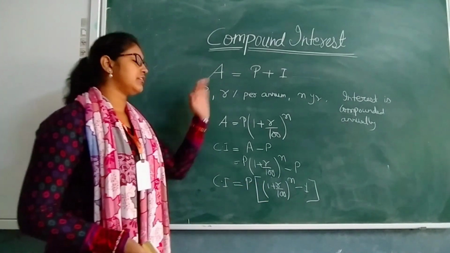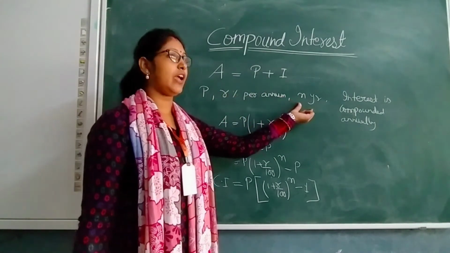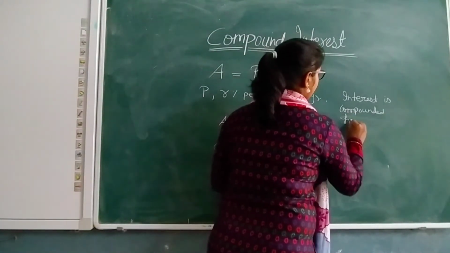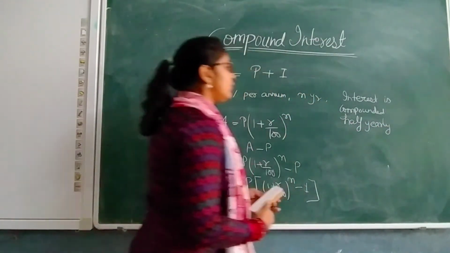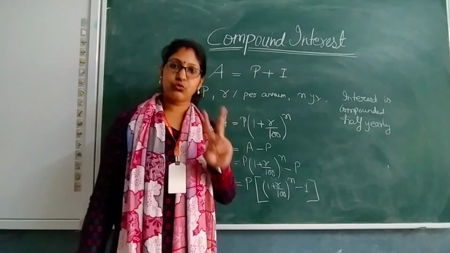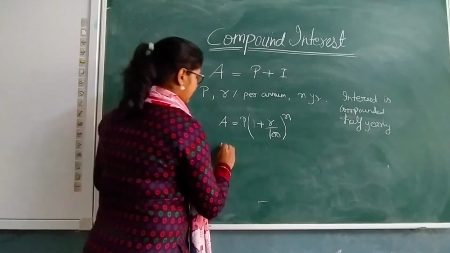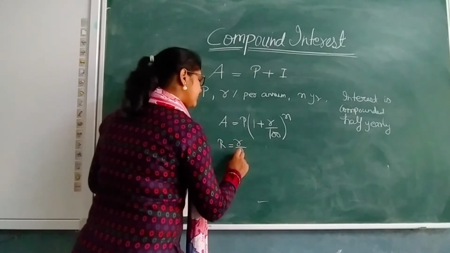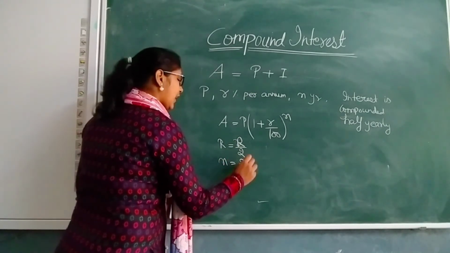Suppose we borrow P money at R% per annum, but interest is compounded half yearly. When interest is calculated half yearly, it means we have to pay interest 2 times in a year. Then our R becomes R by 2, and our n becomes twice n.